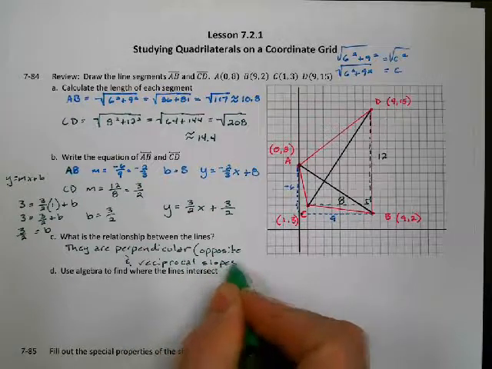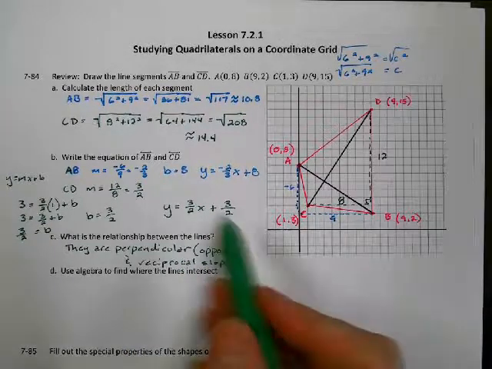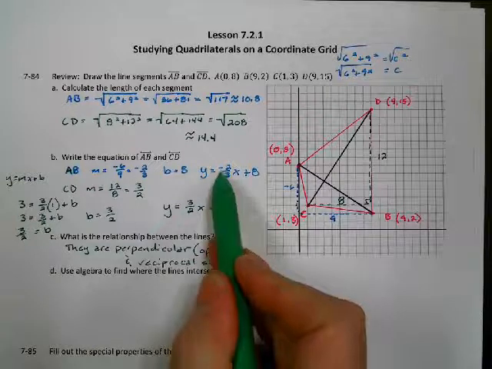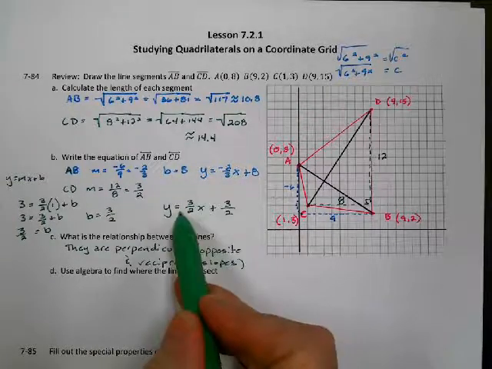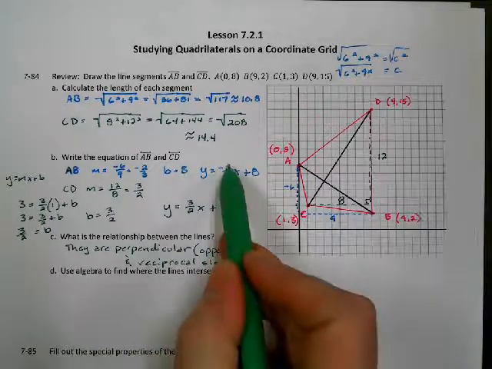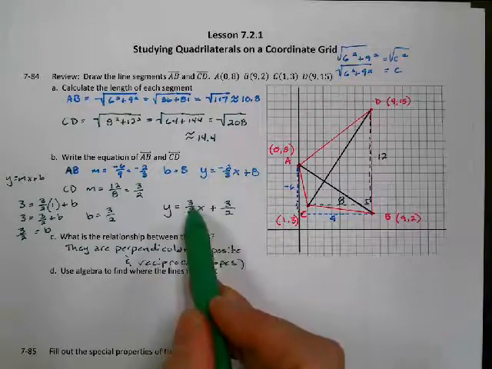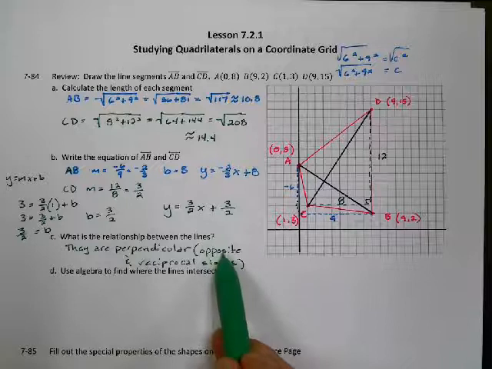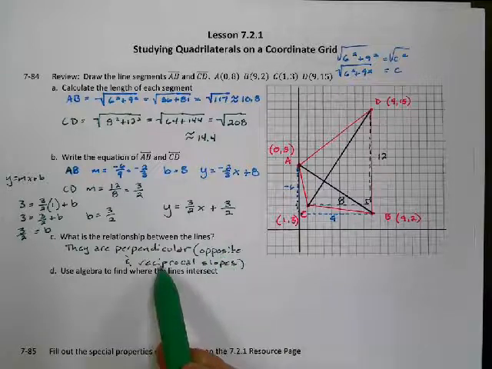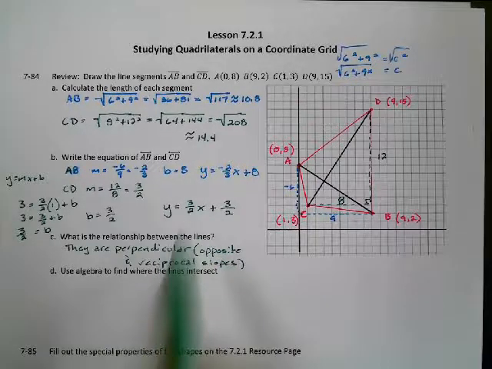Opposite reciprocal means that this one's negative, but this one's positive. That's opposite. Reciprocal means that the numerator and the denominator have switched places. So this was 2 over 3, this is 3 over 2. So they have to be opposite, one positive, one negative. Reciprocal, where the numerator and denominator have switched places.